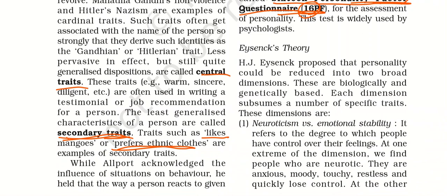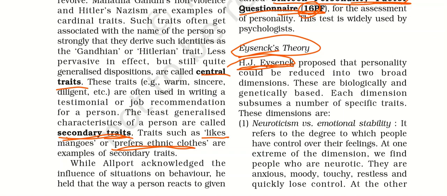So next is Eysenck's personality theory. This was given by H.J. Eysenck. He proposed that personality could be reduced into two broad dimensions, which are biologically and genetically based. Each dimension subsumes a number of specific traits.